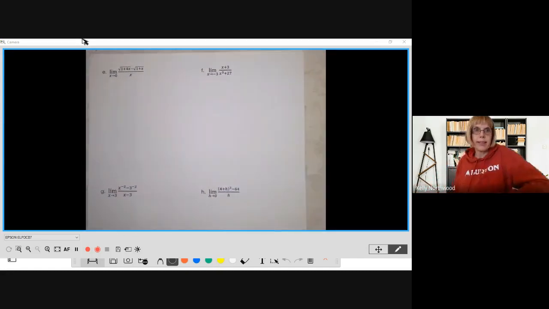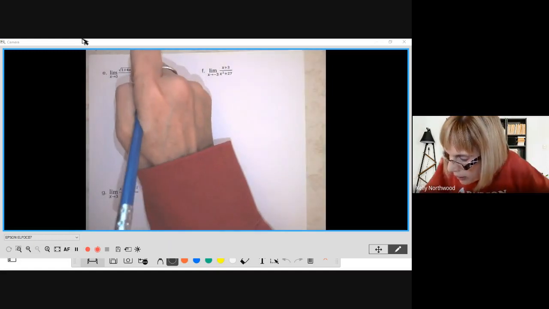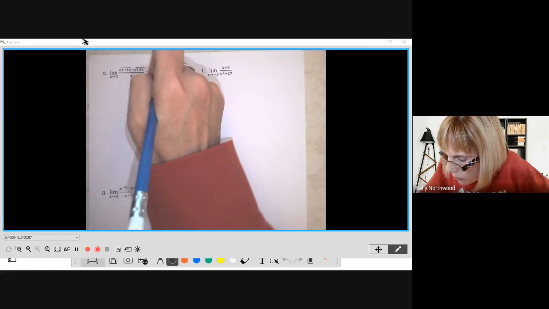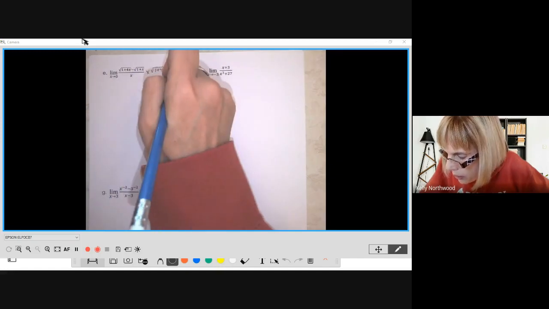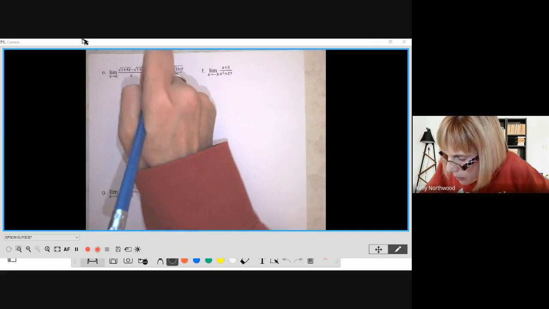E is multiplying by the conjugate radical again. So we're going to multiply the numerator by 1 plus 4, root of 1 plus 4x plus, opposite sign from the middle, root of 1 plus x, which means we're going to do the same thing to the bottom.